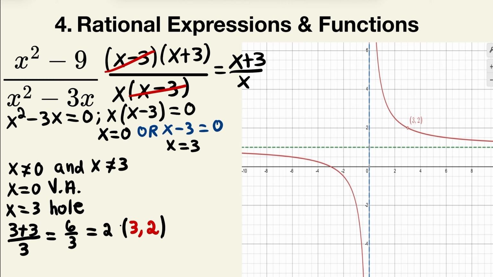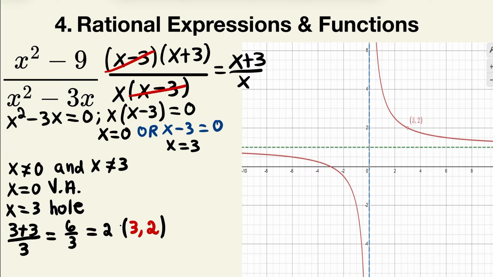And now the next thing we can do here is just recognize that the hole is at the point 3, 2, and also remember that there's an open circle there. The function is undefined at x equals 3, but the simplified version would pass through the point if it actually continued.